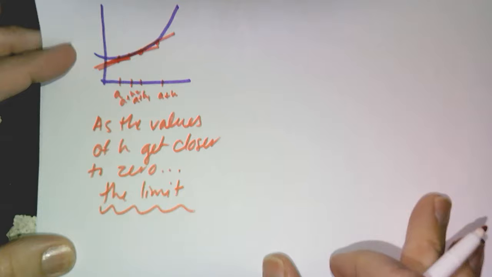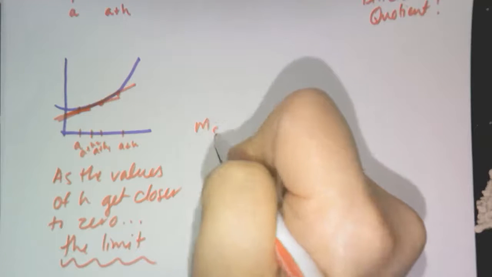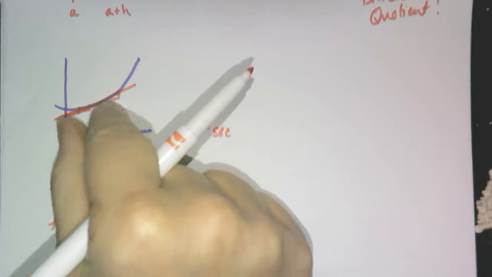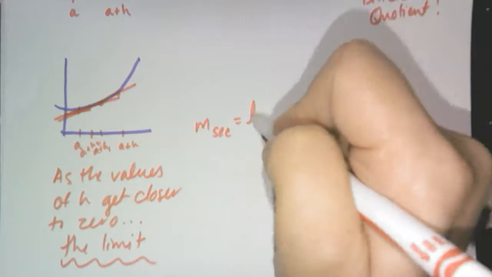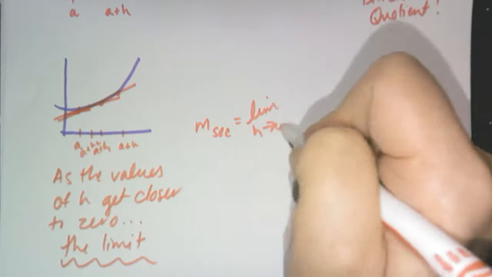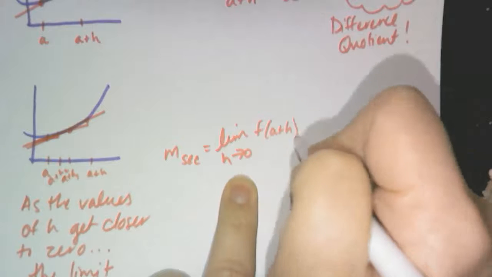So what happens is this secant line that I originally had from these 2 points over here, and then I made another 2 points, and I got closer and closer, meaning I took the limit as h approaches 0 of this difference quotient.